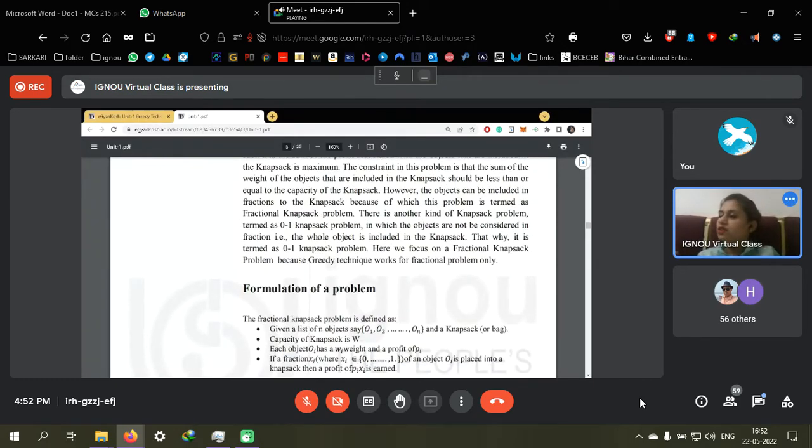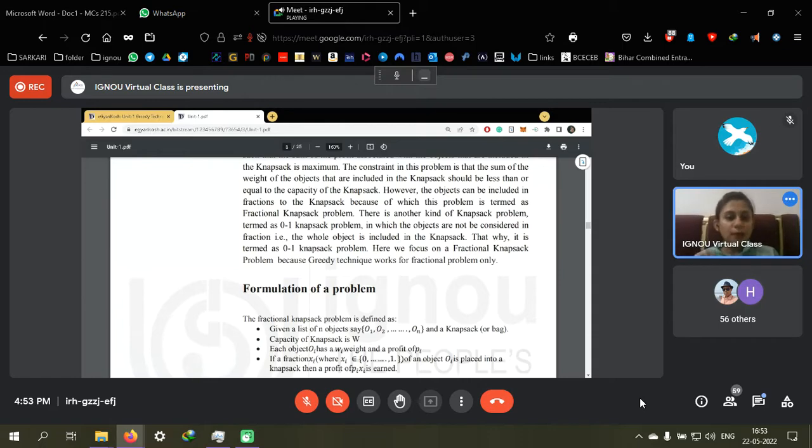If there are 3 fruits and I have a packet that takes only 2.5 fruits, what I have to do is collect the 2 complete fruits and the next one as a half. That means I can fractionalize that thing. That is known as the fractional knapsack problem.